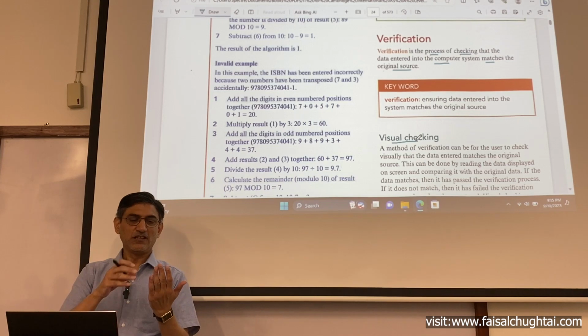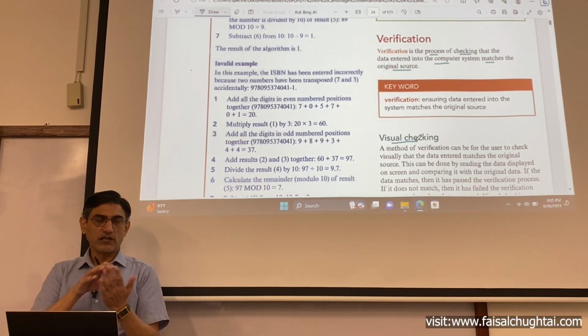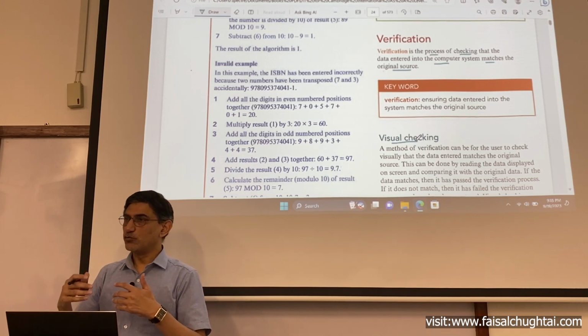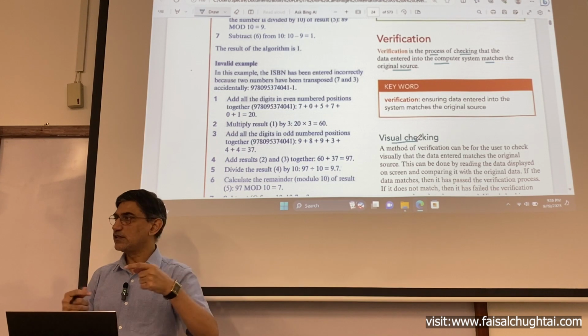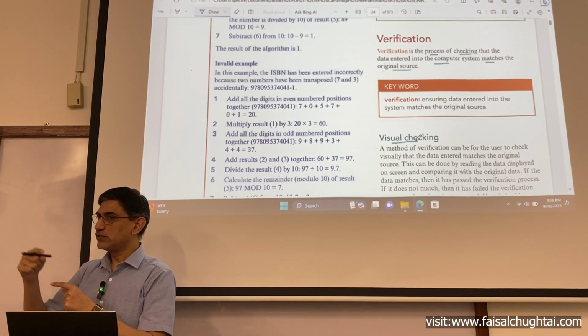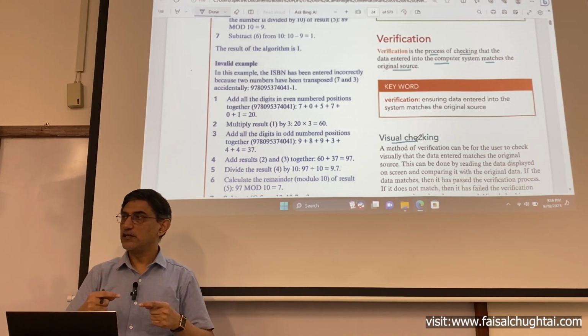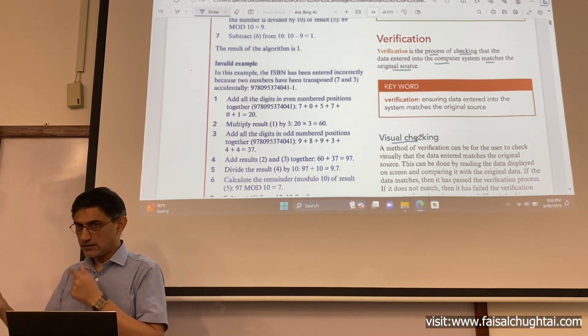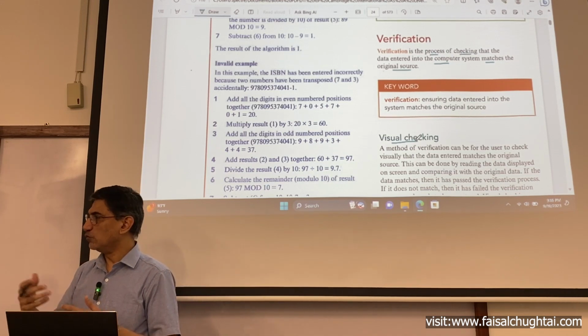What did I just say? That sometimes it will be checked by the computer. The computer would ask you to enter the data twice and then compare the two, in the sense that it will check if both the data items are exactly the same. Only if they are the same, they would be considered correct. And of course, the computer would not report any error and you can move on.